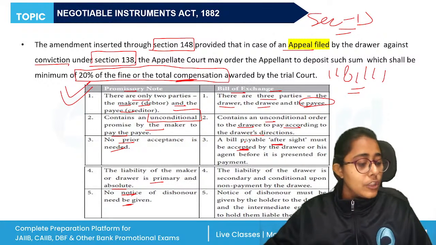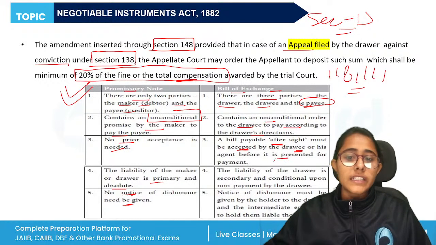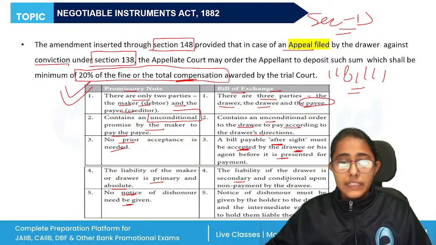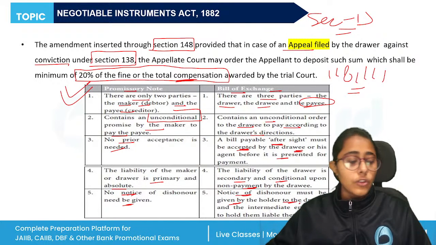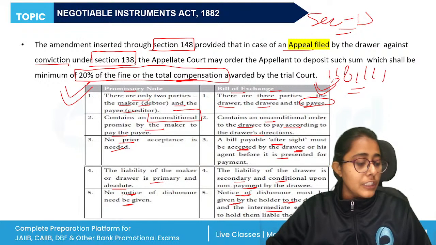In the promissory note, prior acceptance is not needed, but in a bill of exchange, prior acceptance is needed before it is presented for payment. The liability of the drawer is secondary and conditional upon non-payment. And finally, the notice of dishonor must be given by the holder to the drawer and intermediate endorsers to hold them liable thereon. Right? So these are the basic differences between a promissory note and a bill of exchange.